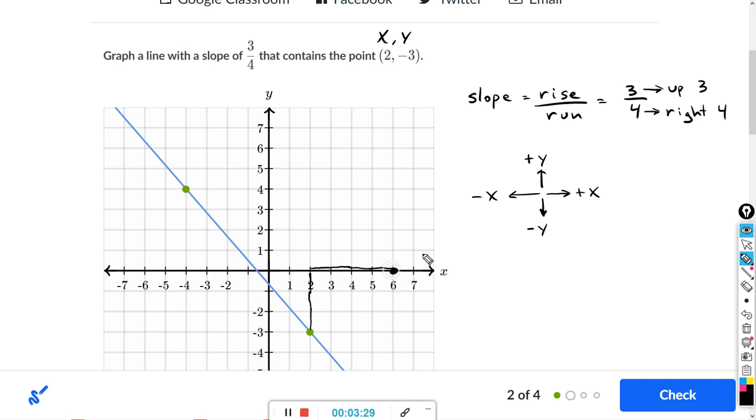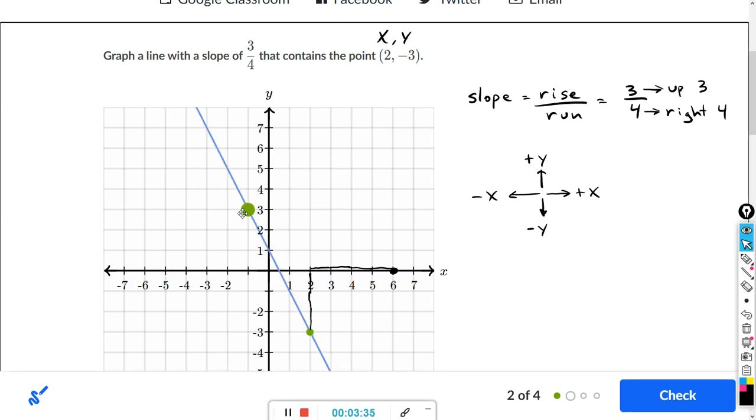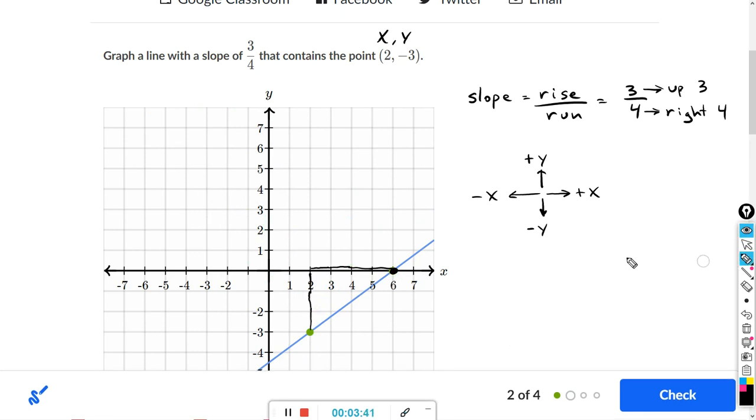So we're right here. Okay, so that's our other point. So you go to the other green dot and drag it right there. Okay. So for the slope, we went up 3 and we went right 4. And now we have a line. You only need 2 points to make a line.